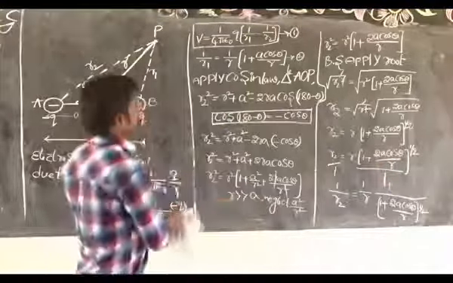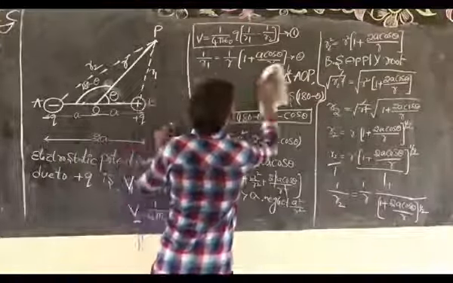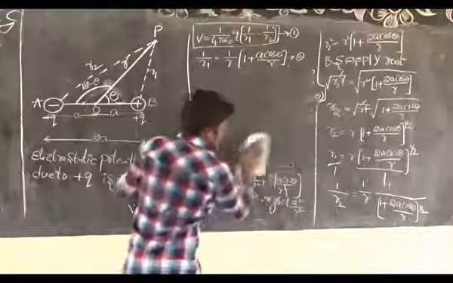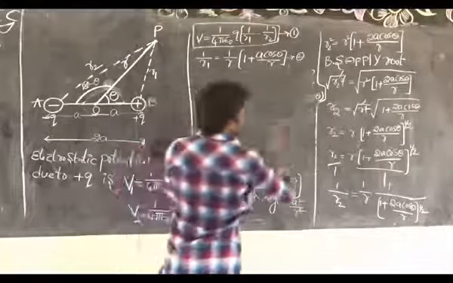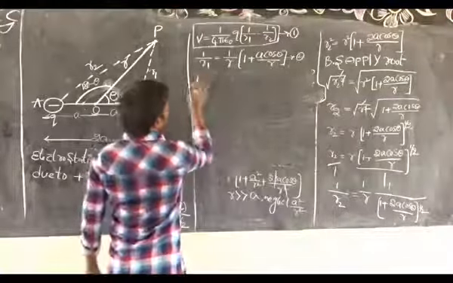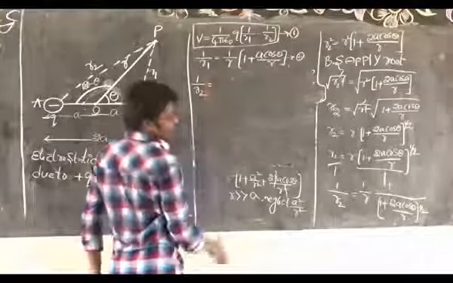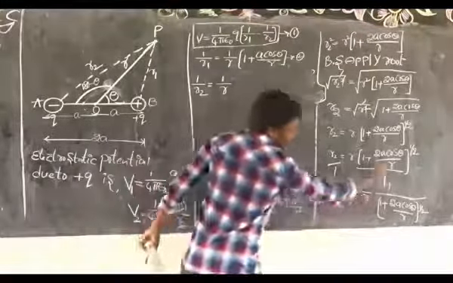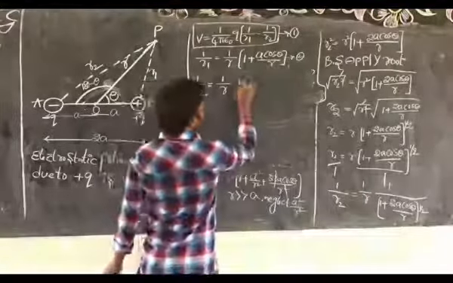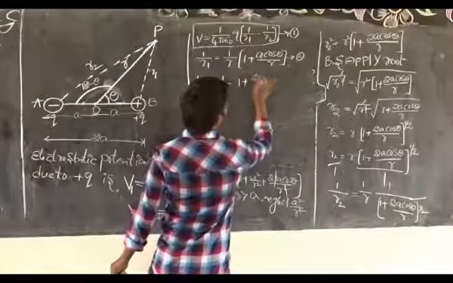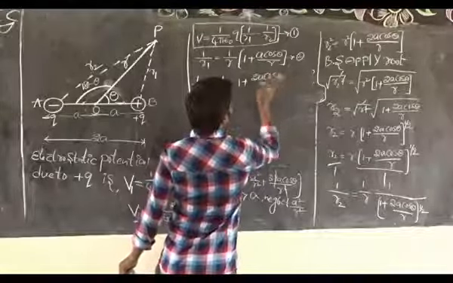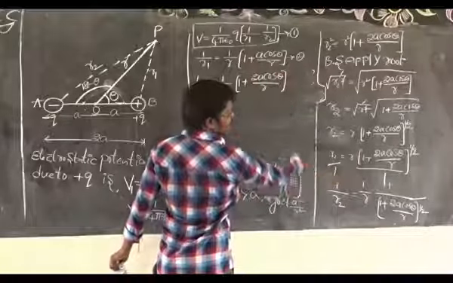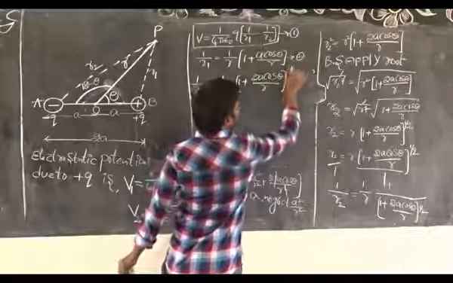Now finally, 1 by R2 is equal to 1 by R into this term; you should write it in the numerator, 1 plus 2A cos theta by R. This term was in the denominator already, so writing it in the numerator, a minus symbol will come.